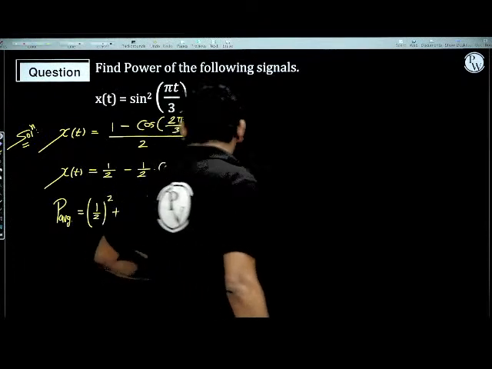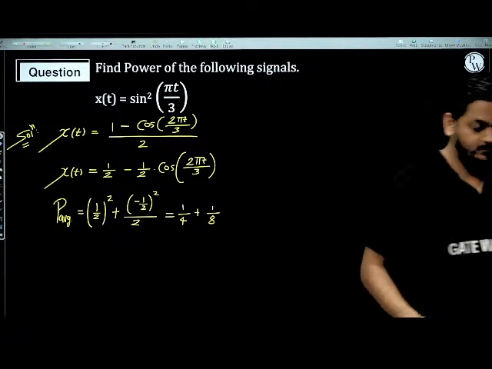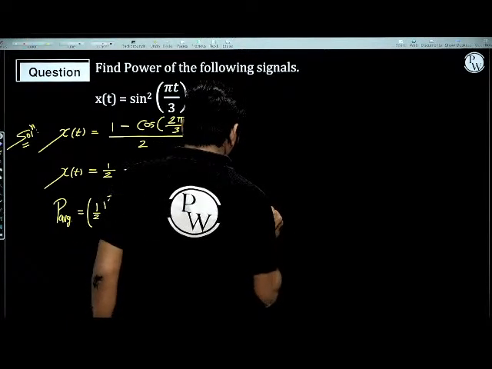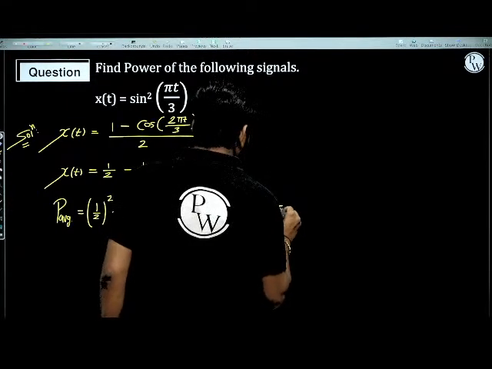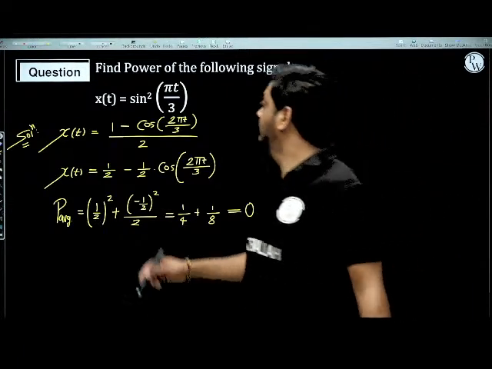So 1 by 4 plus 1 by 8 is 0.375. Clear? 0.375 is the right answer of this question. Fine? Okay, very good. Next.